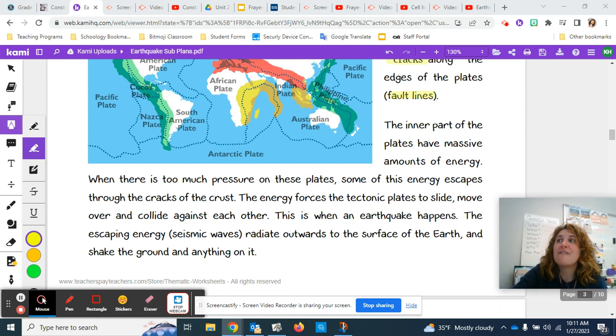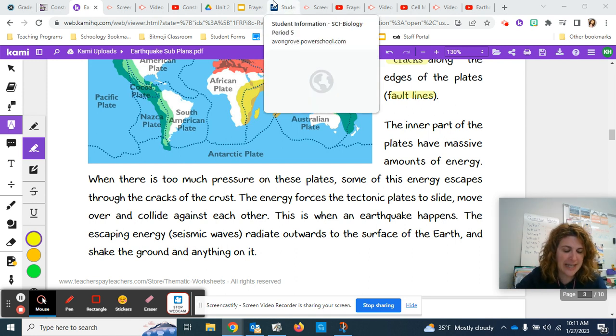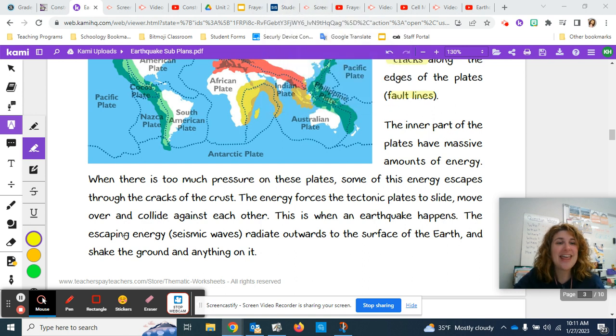The energy forces tectonic plates to slide, move over, and collide against one another. This is when earthquakes happen. The escaping energy, called seismic waves, radiate outwards to the surface of the earth and shake the ground and anything on it.